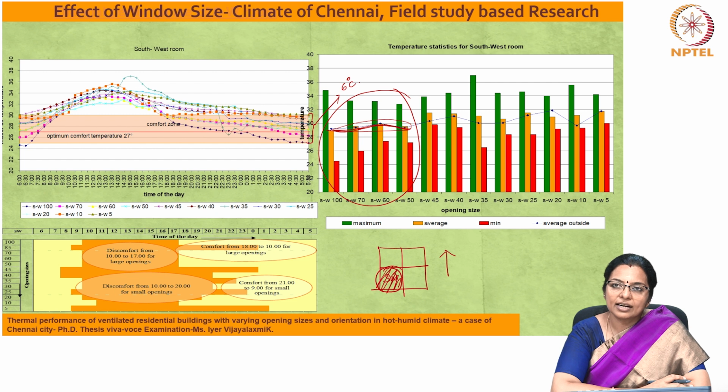The indoors are uncomfortable for 30% of the day for large openings. As the opening size decreases, the percentage of comfort hours also decreases and occupies 55% to 45% of the day. This completely field study based research was actually done by me. I have done this through a funded project by the AICTE, and I am thankful to AICTE for having funded me to carry out this project.